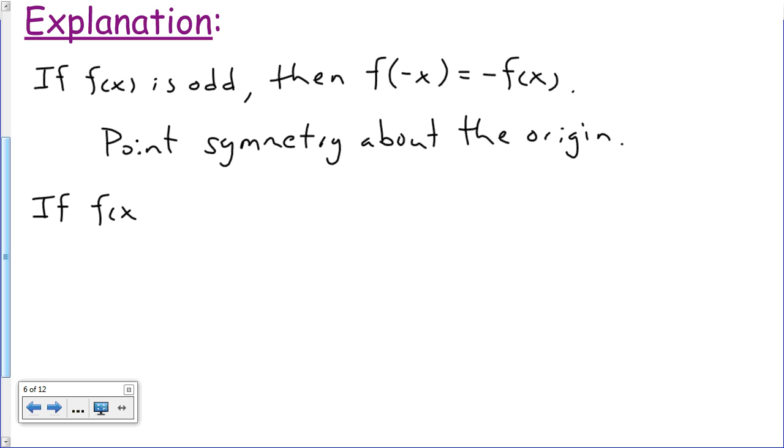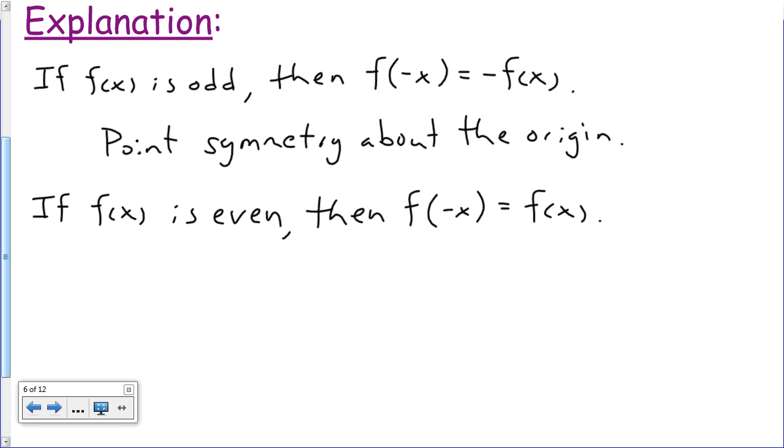If f of x is even, then f of -x is equal to f of x. So this says f of negative x is a horizontal reflection of your function, reflected across the y-axis, and it turns out to be the same as the function you started with, f of x, so you got yourself an even function.